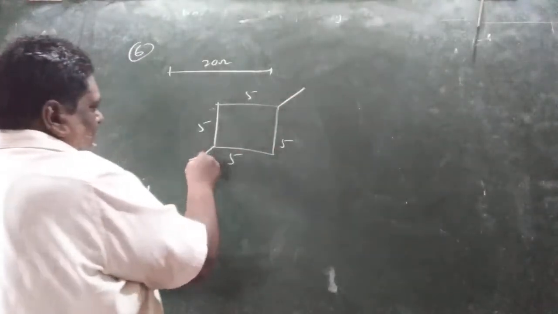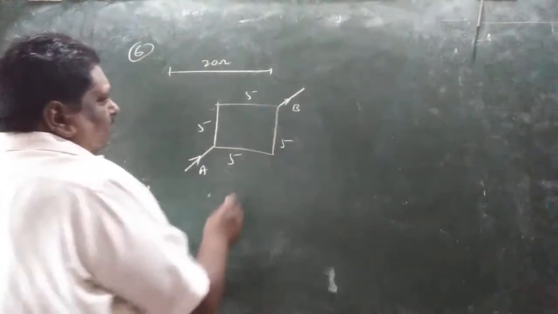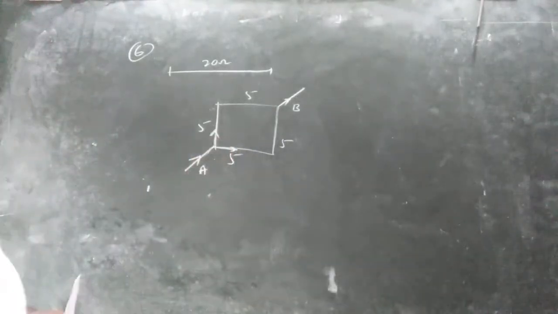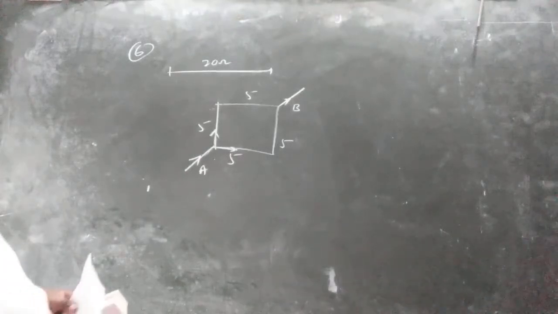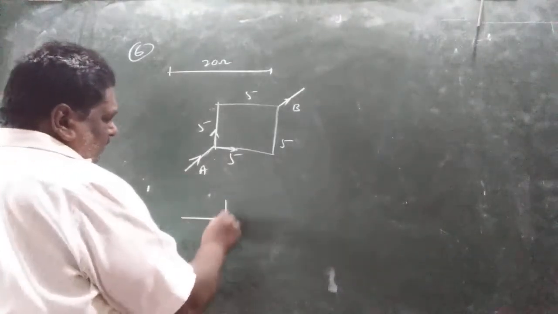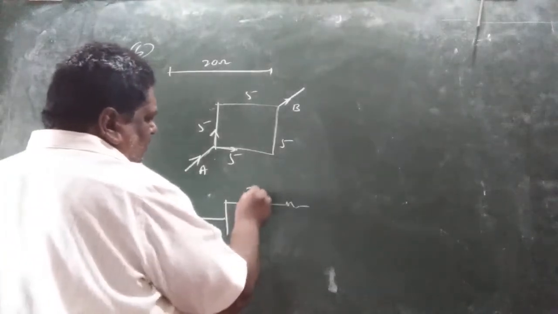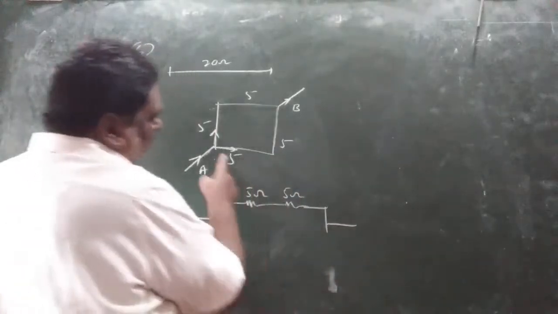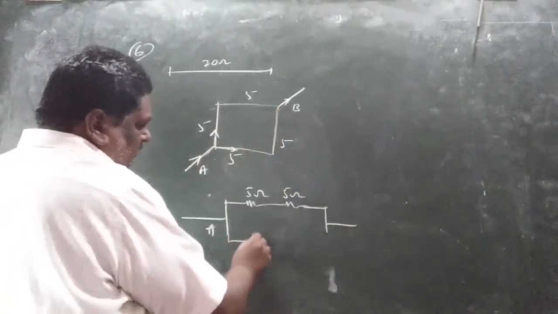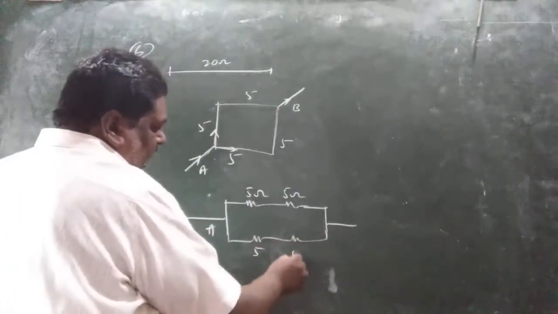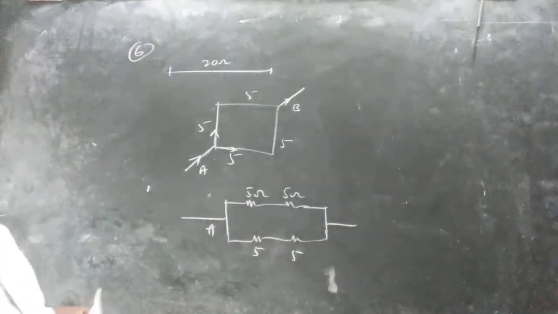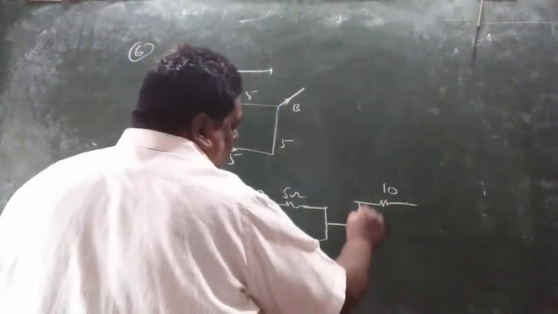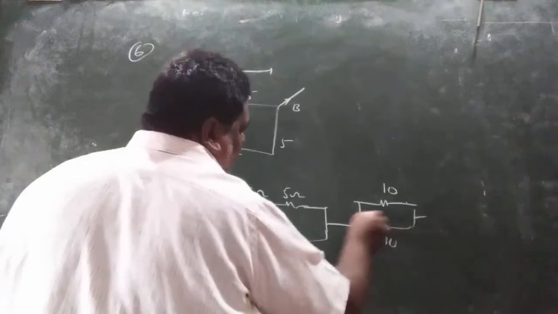Here the power supply is given at one corner and taken out at the opposite corner. Current comes here and divides, which is called a parallel branch. So the upper branch has two 5 ohm resistors through which current passes, and the bottom branch also has two 5 ohm resistors. The upper is 5 plus 5, 10, and the bottom is 5 plus 5, 10.